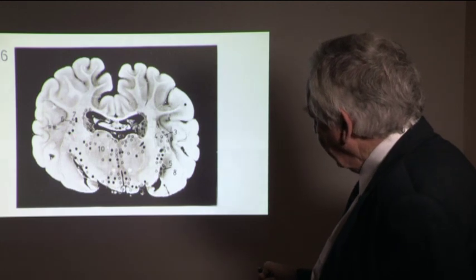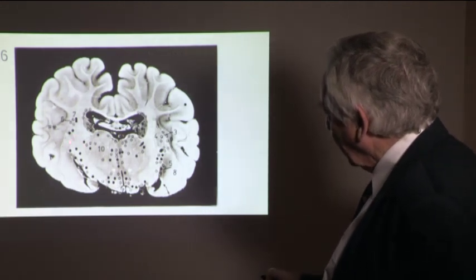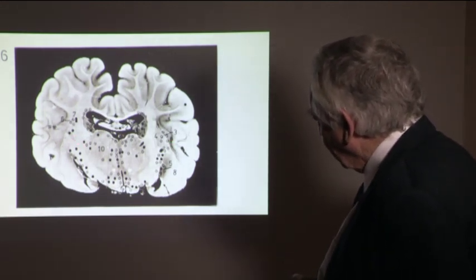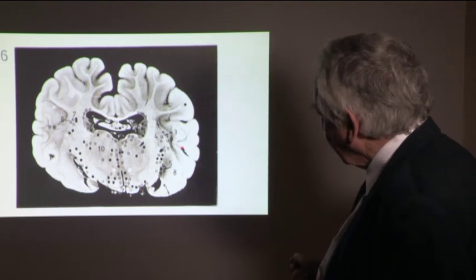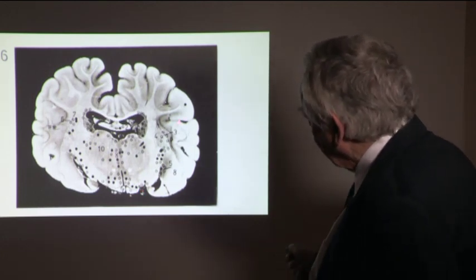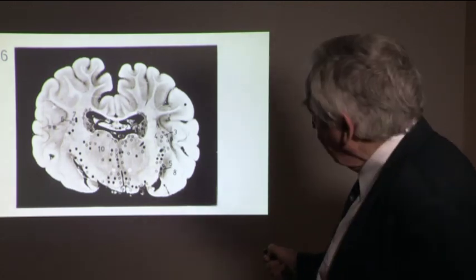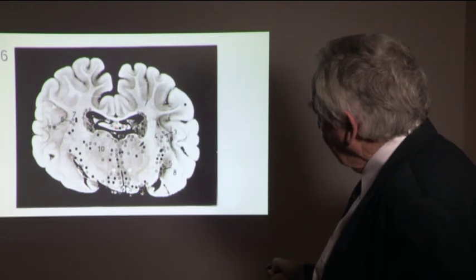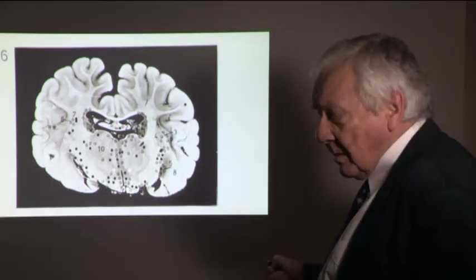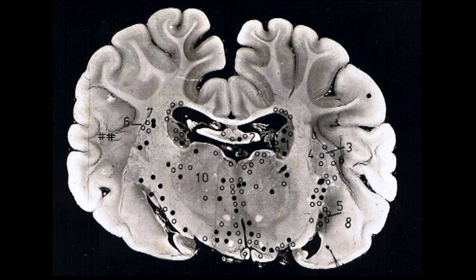And once again, it's more ventral in the midbrain area, the brain stem area, and less up here in the cerebral hemisphere region. I am postulating that there's a good reason why these lesions have a predilection for this part of the brain and not the other part, and I'll be referring to that later.